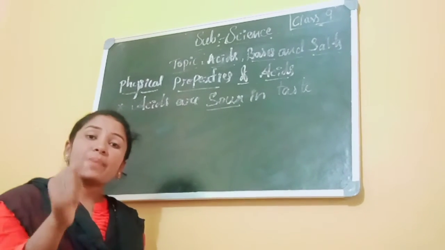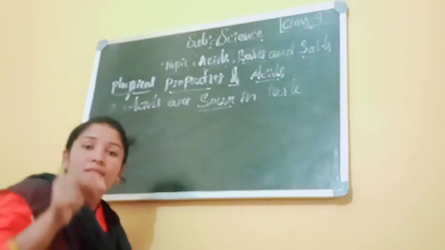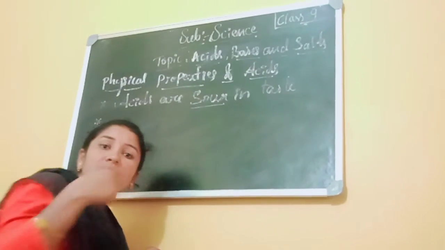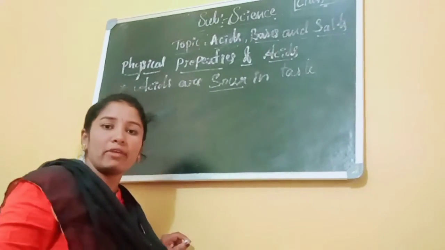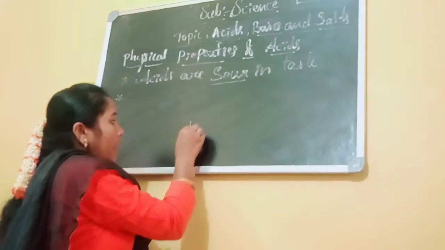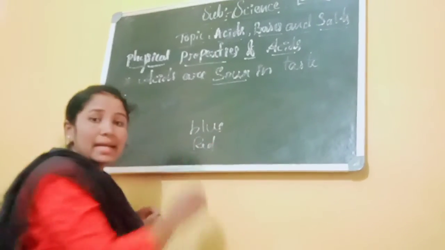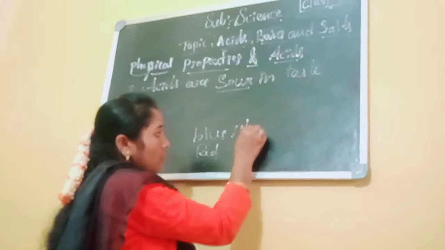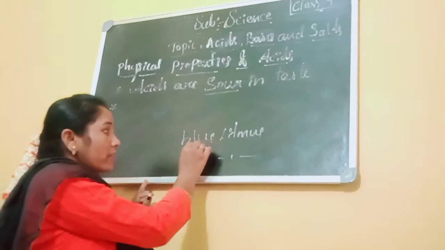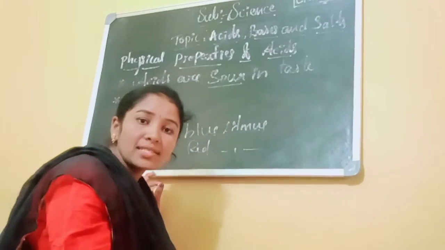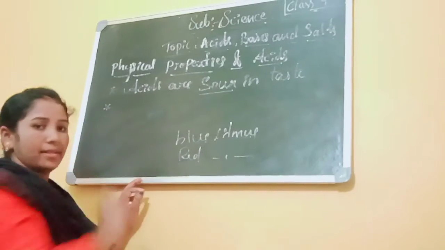Whenever blue litmus paper is dipped into acids, it turns into red litmus. So only two colors will be available, blue and red. Among these two colors, whenever blue litmus is dipped into acids, it turns red. That is called acids.